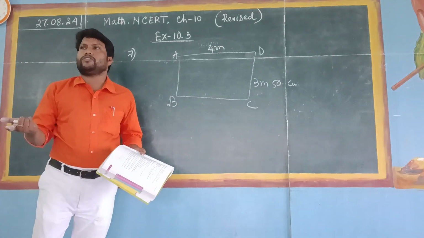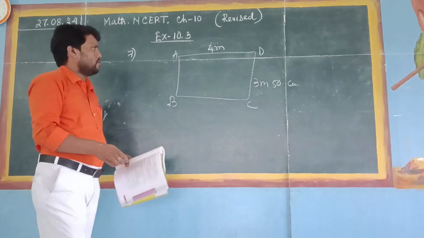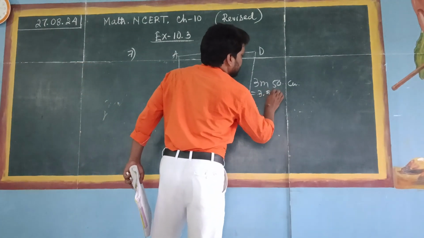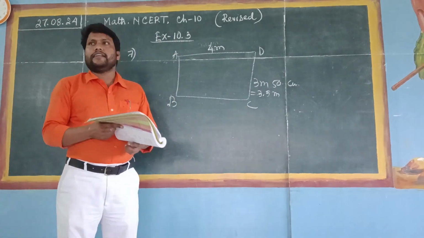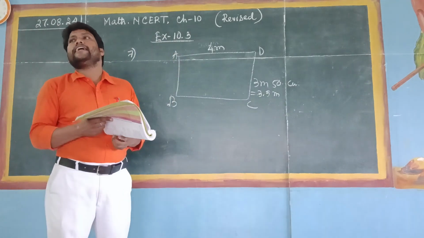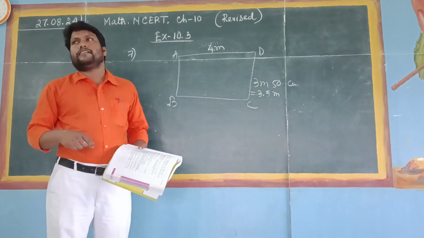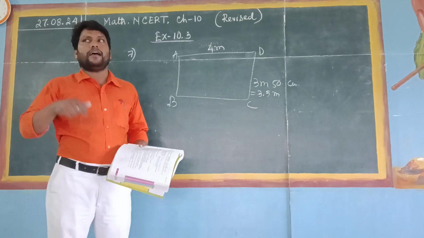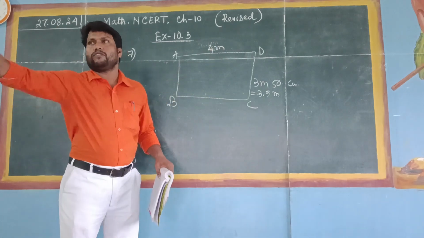It is just like the previous problem. Now square meter, that means 3.50 is 3.5 meter. The question says find the area in square meter. How many carpets are needed means you have to find out the total area, that means total floor.